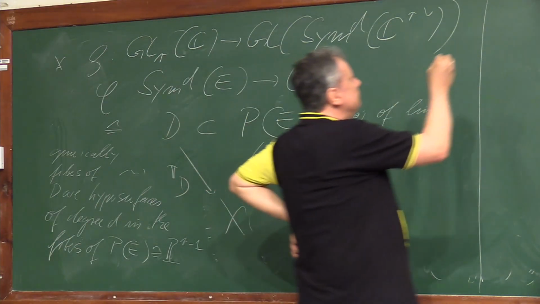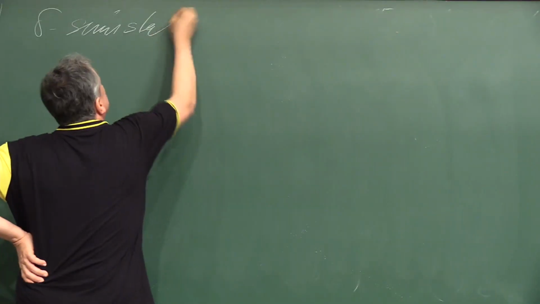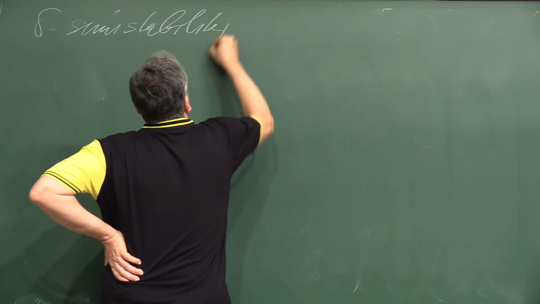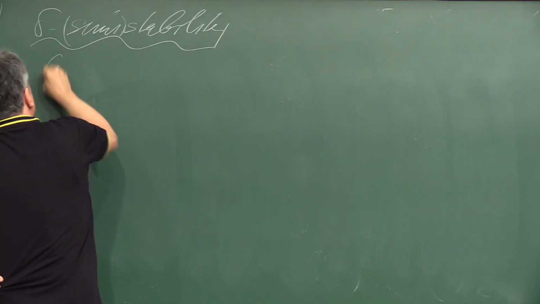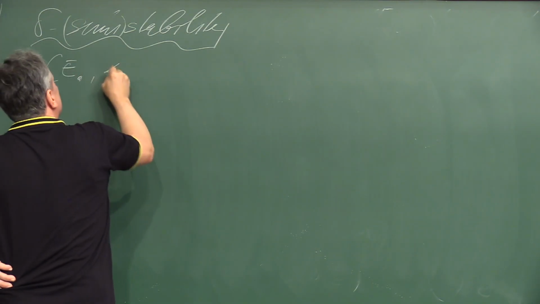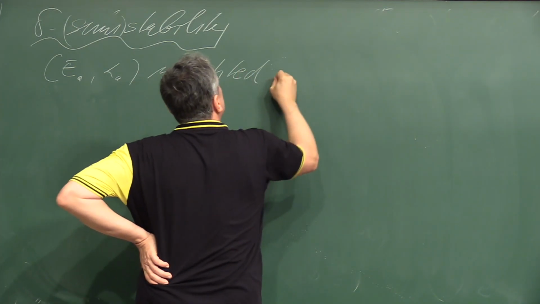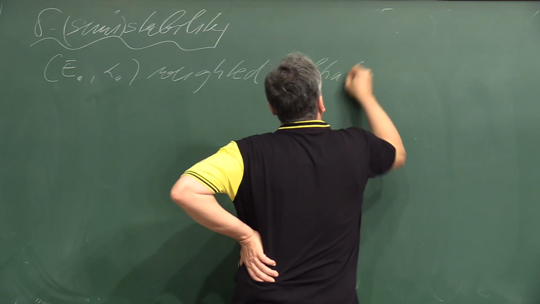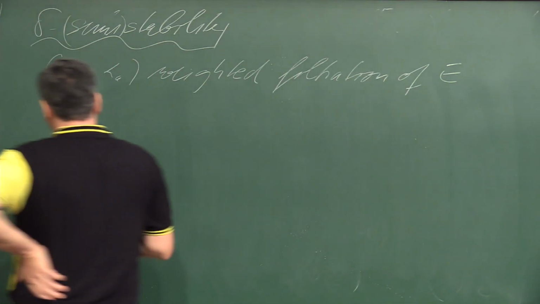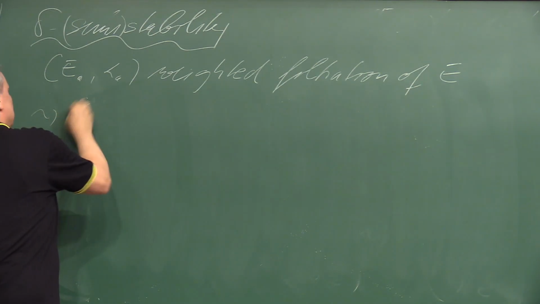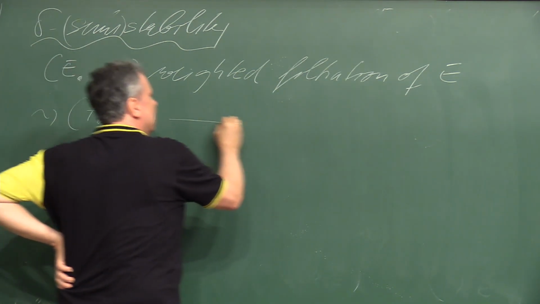And delta semistability, let me just at least define it. So if you have a weighted filtration of E, then I said you get the associated weighted filtration of E rho.